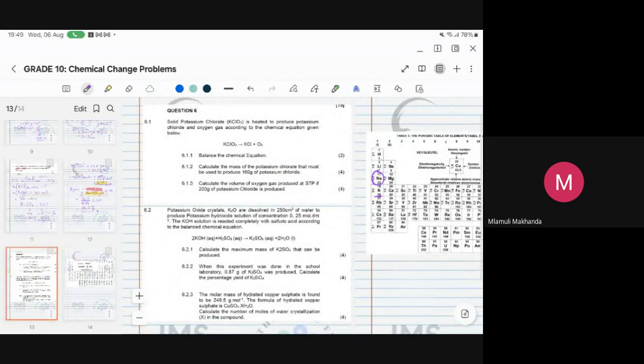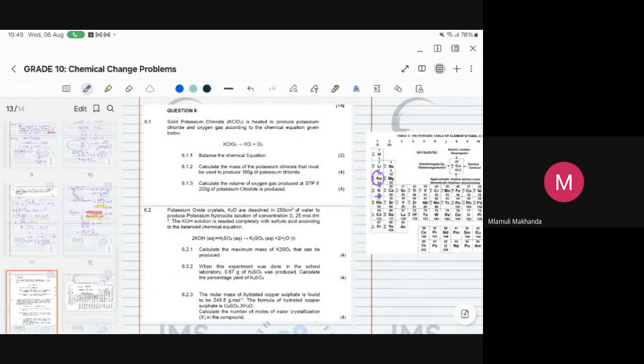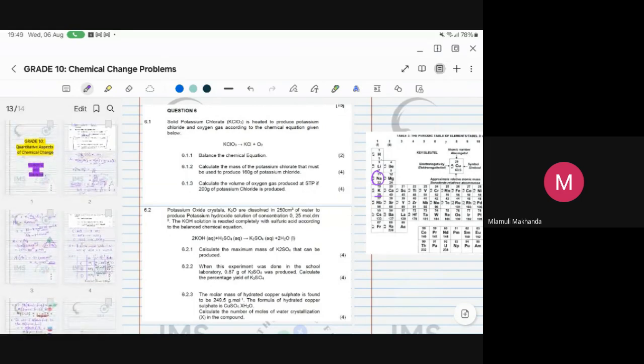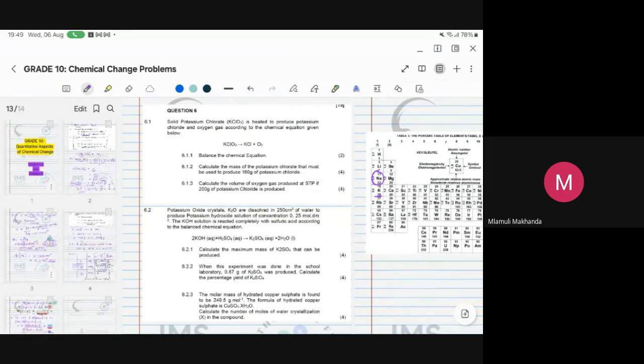So to maintain today's time, this is where we would have to end our lesson. Consider these last two questions as your homework. The principles we use are the same.